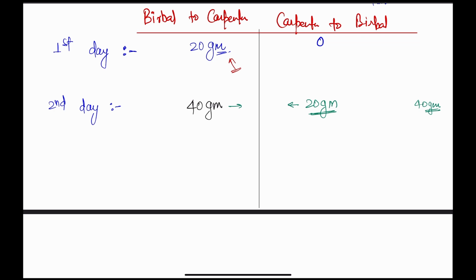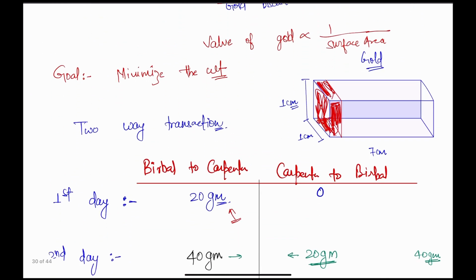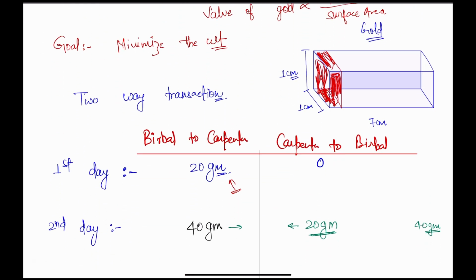So Birbal has done two things: first part was 20 gram, the second part was 40 gram. Birbal made already two pieces, first piece and second piece.